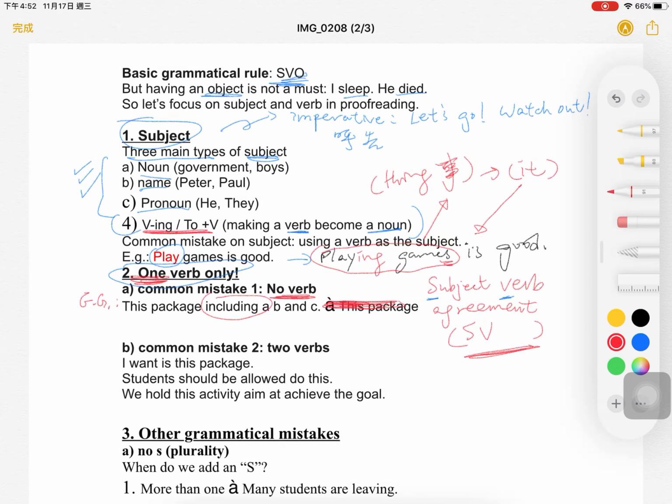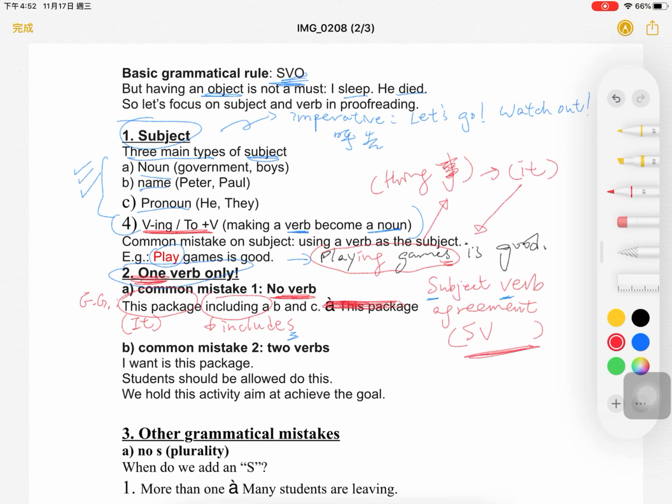So when you proofread your work and see that you have a sentence like this, you should change including to includes. Again, this package is an it.